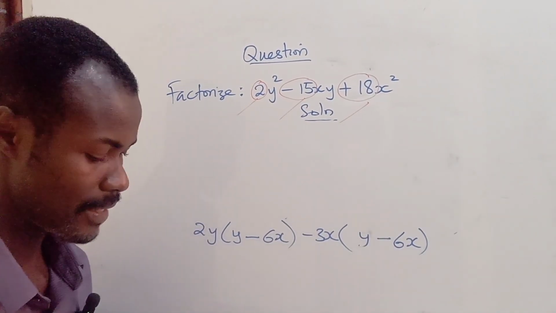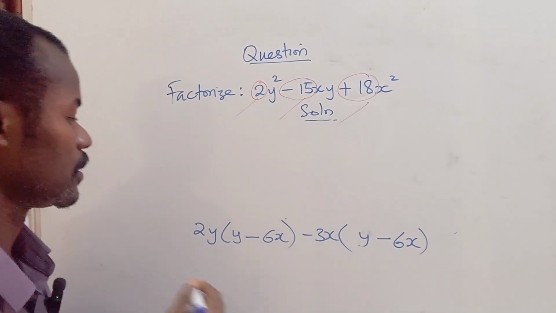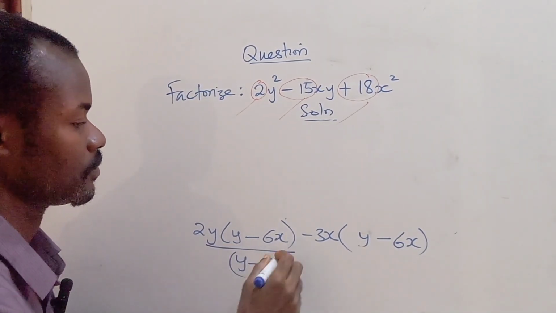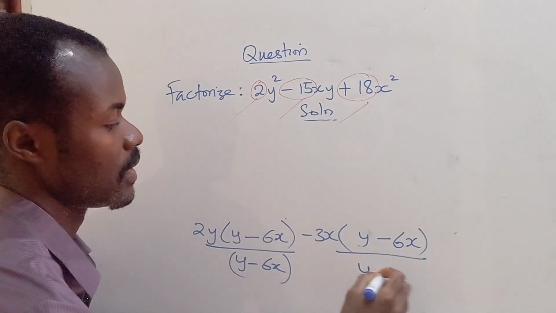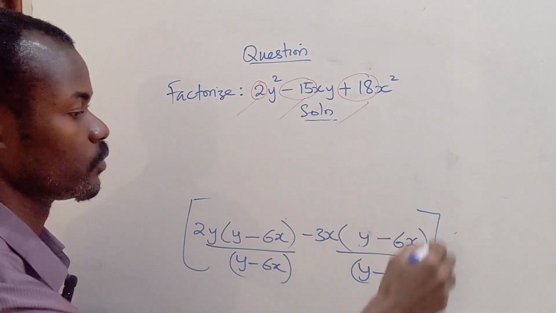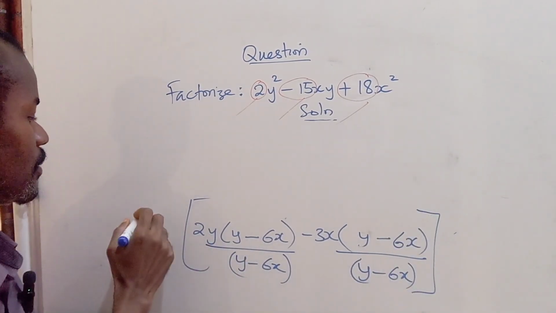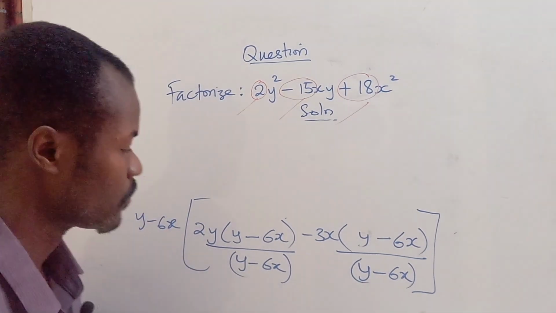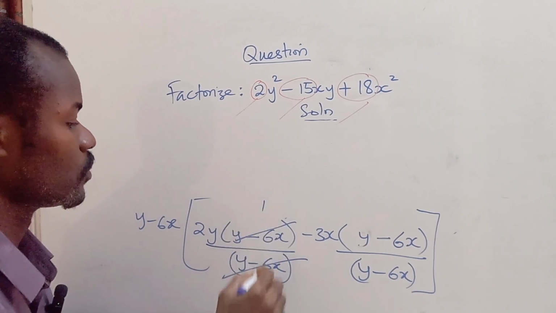To factor this out, I'm going to divide this by y minus 6x and divide this by y minus 6x, and bring this y minus 6x outside. This will cancel, this is 1, 1.